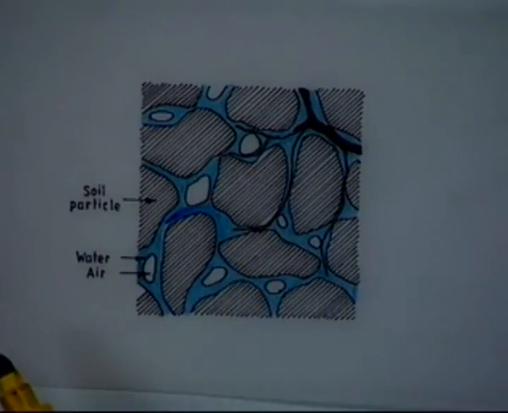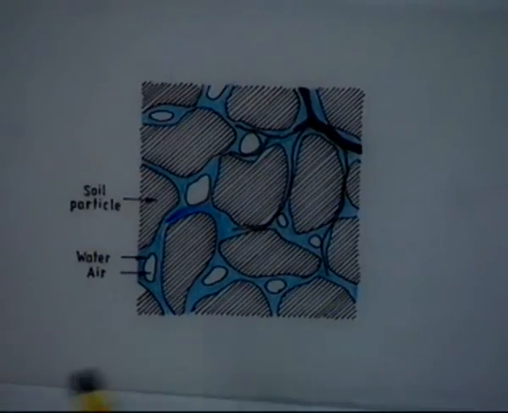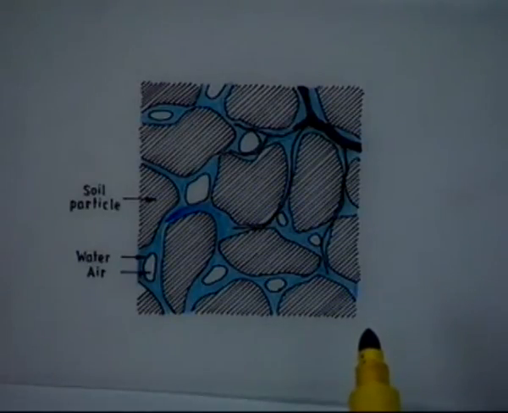We'll also look at the other properties which are important from the point of view of our agricultural practices and from the point of view of storage of water.